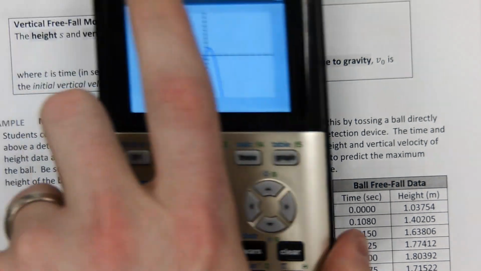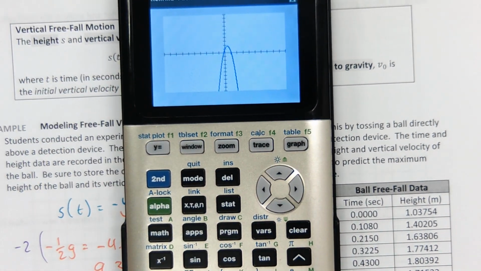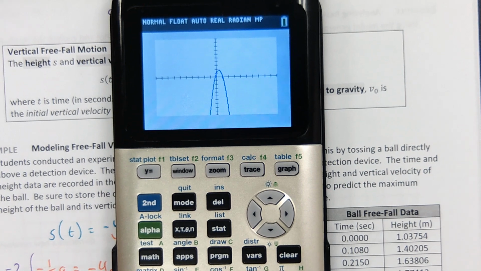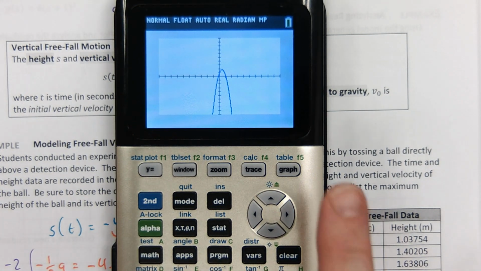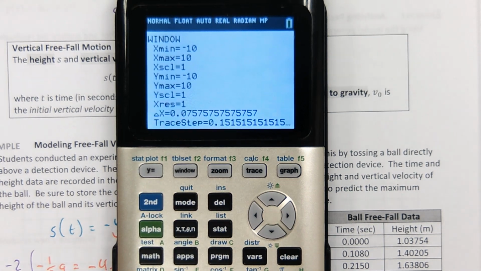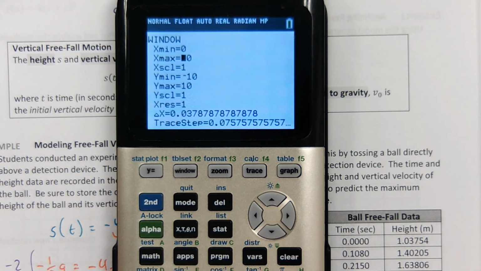You're welcome. We're going to do that next, but first we're going to change our window. Anyway, like I was saying, go to your window. There's no time travel, so x minimum is 0. X maximum, you could take it to 2 if you want to, but it really doesn't go much past 1. So I'm going to take it to like 1.25.